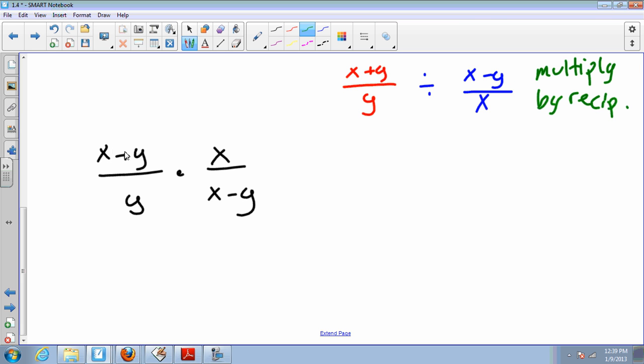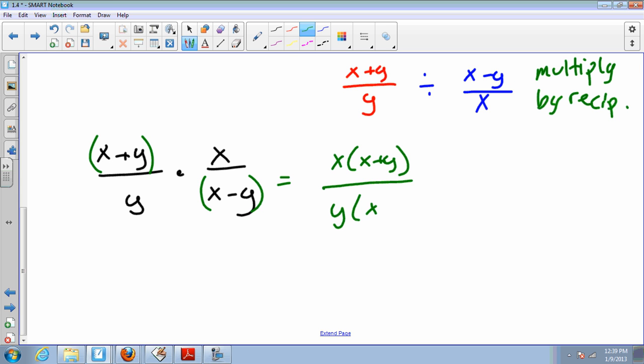Whenever it's two terms and there's no GCF or sum and difference pattern, group them together with parentheses. They cannot be separated. And there's no common factors to cancel. X and y are not the same. X plus y is not the same as x minus y. So our answer will be x times x plus y over y times x minus y.